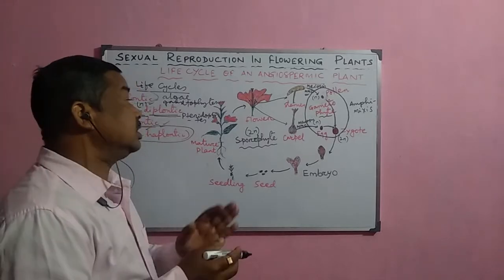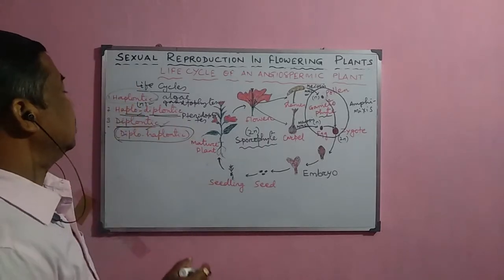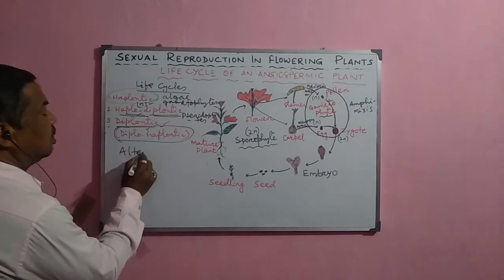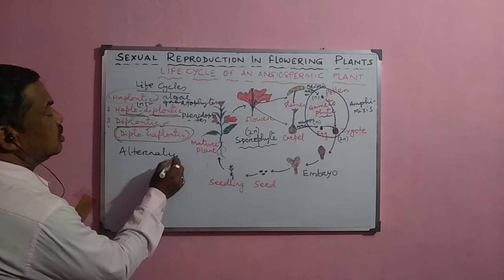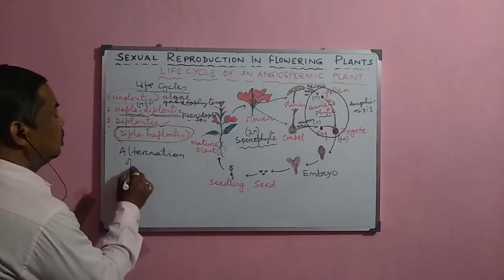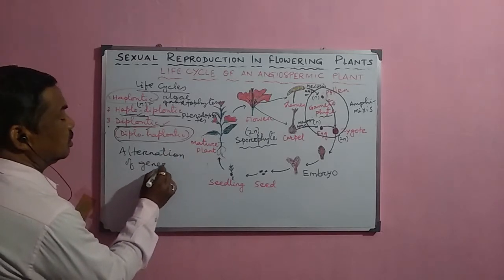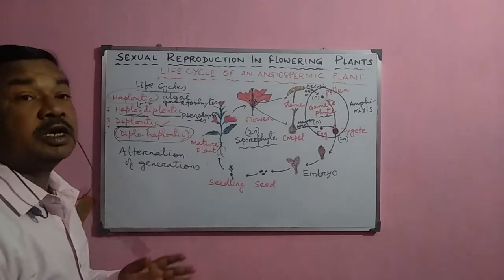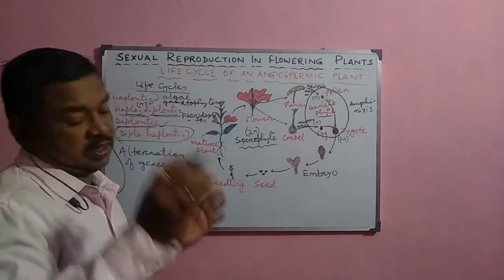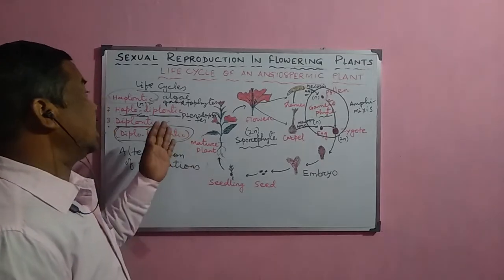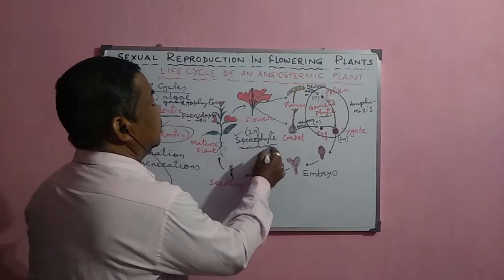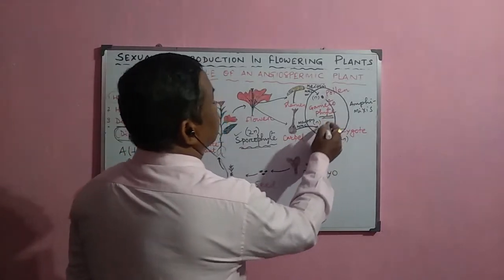And what happens in this life cycle? The most important thing here is alternation of generations. So what do we mean by alternation of generation? As we have already studied in class 11, there are two types of generation: the sporophytic generation and the gametophytic generation.